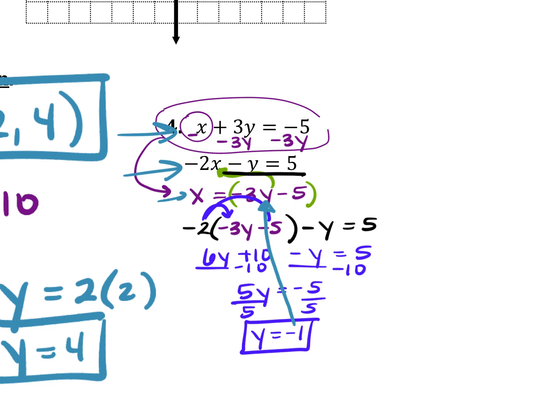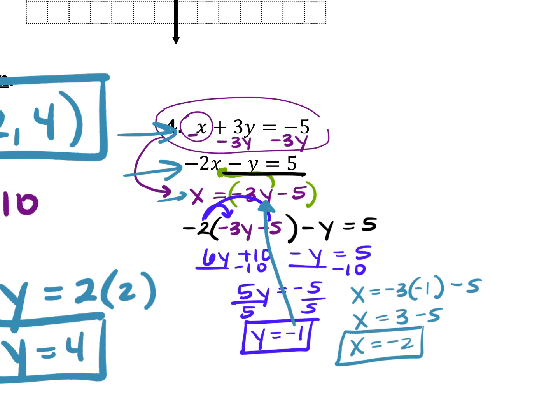But I know that x is equal to negative 3 times the y value minus 5. Well, my y value is negative 1. So negative 3 times a negative 1 is a positive 3, minus 5. So x is negative 2.